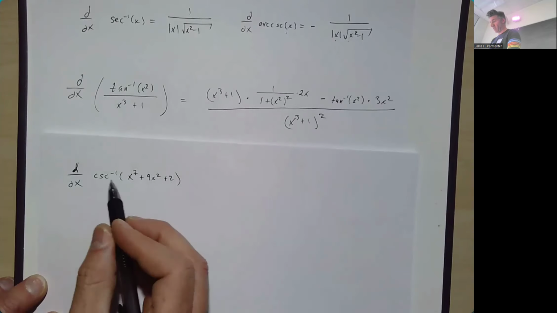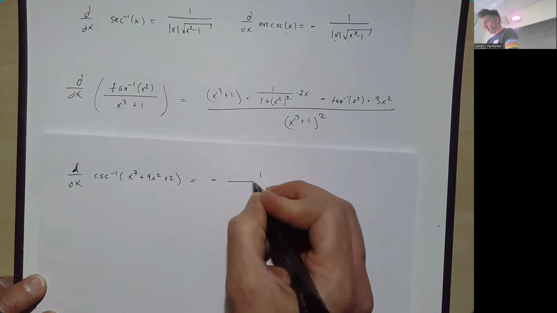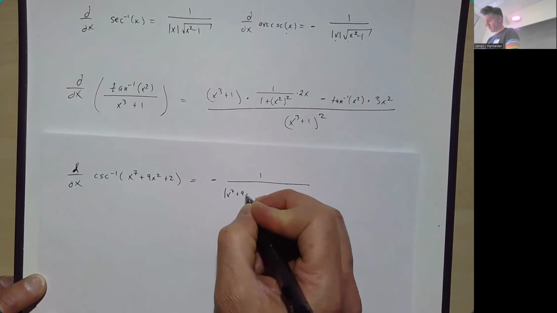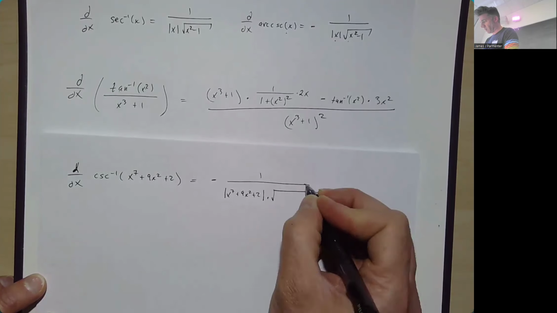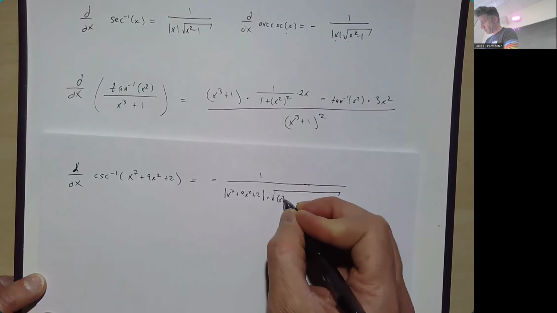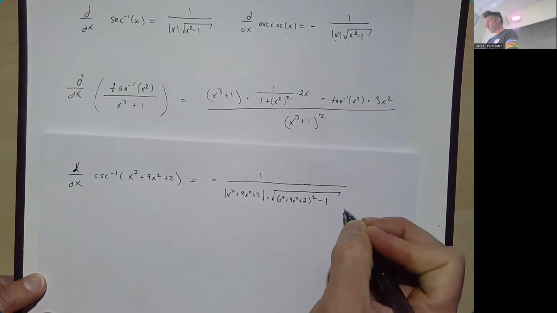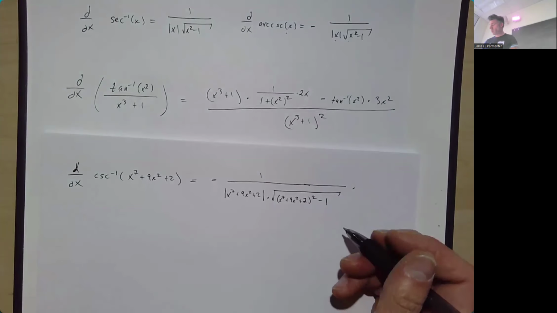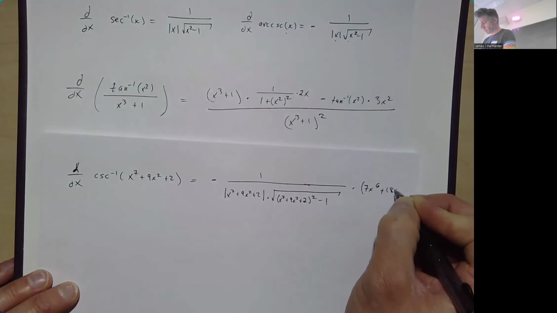So the derivative of the inverse cosecant of some stuff is going to be -1 over the absolute value of my stuff times the square root of my stuff squared minus 1 times the derivative of my stuff, which you could put in the numerator if you wanted to. Or you can put it at the end, times 7x to the 6 plus 18x.